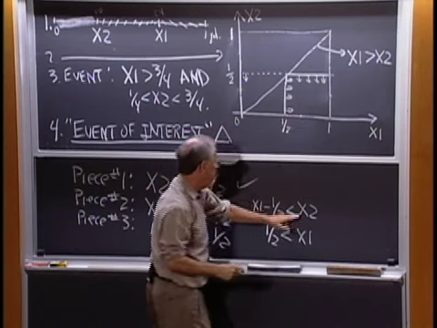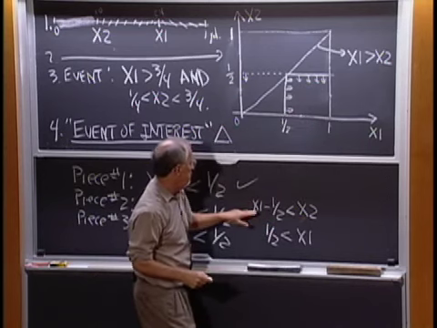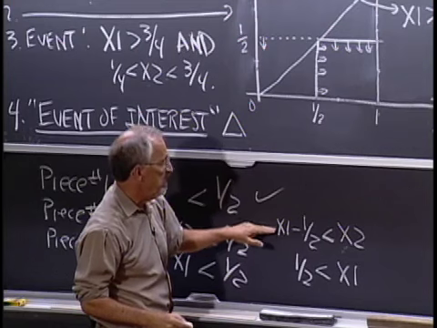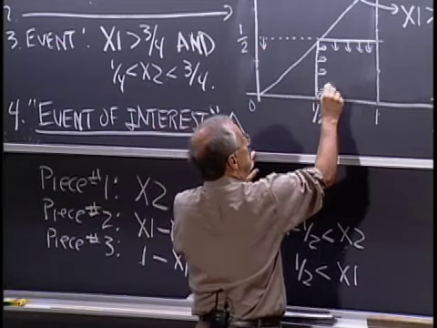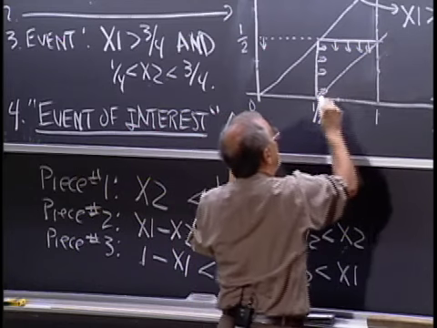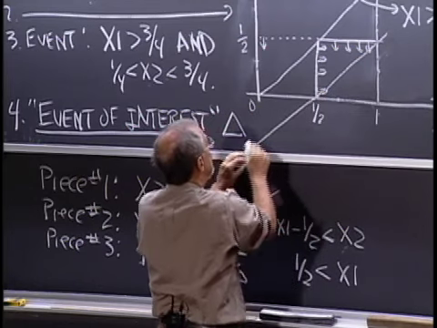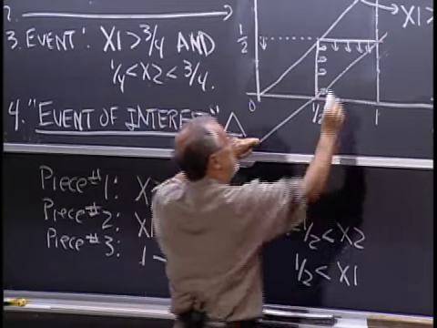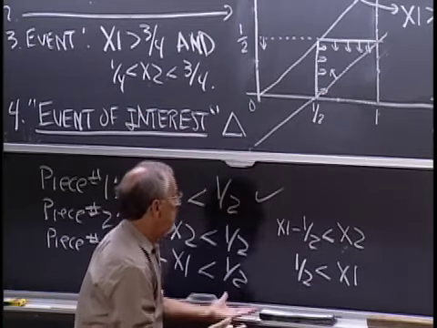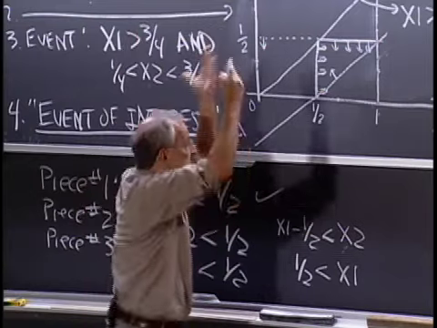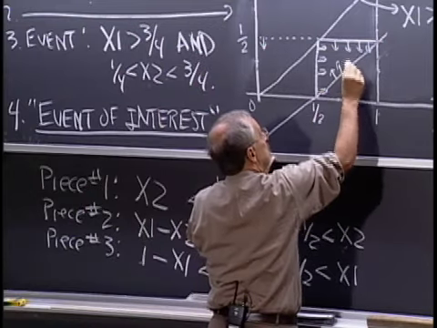It would have a slope of 1. x2 goes up as x1 does, but it's offset by minus a half. So you get a line like this, goes down here to minus a half, and x2 has to be greater than that line, so you have to be up here like this.